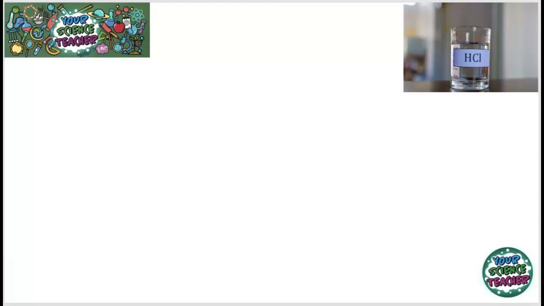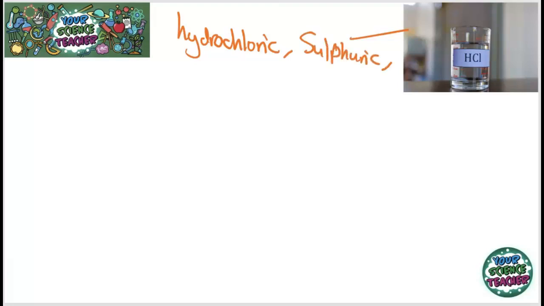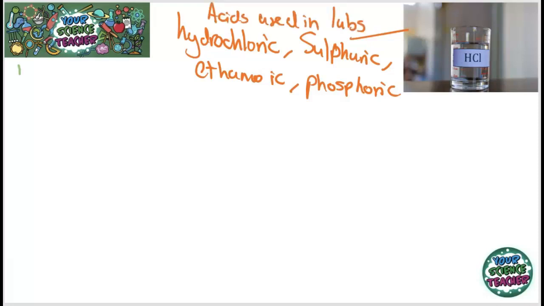For example, the well-known acids we use in a lab are usually going to be hydrochloric, sulfuric, and maybe some ethanoic and some phosphoric acid. These are the main ones that you're going to encounter in the laboratory. There are also a few well-known bases that you will be using, and they are usually going to be metal oxides and metal hydroxides.